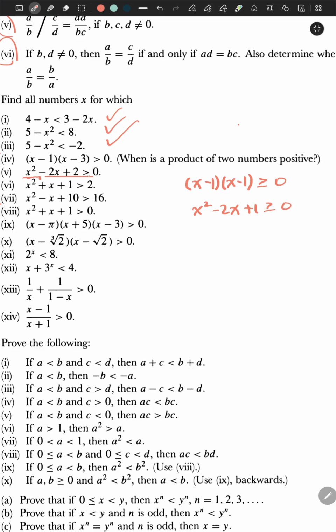Well, what we have over here in V is x squared minus 2x plus 2, which is greater than or equal to, plus 1, right? Hence, it's also greater than or equal to 0.